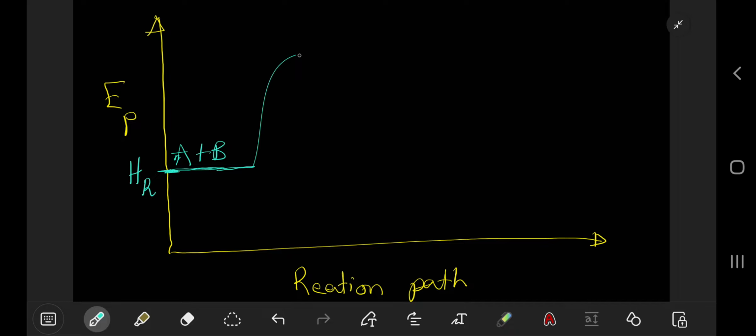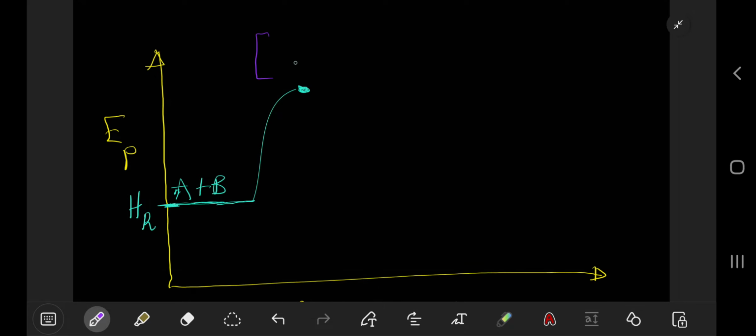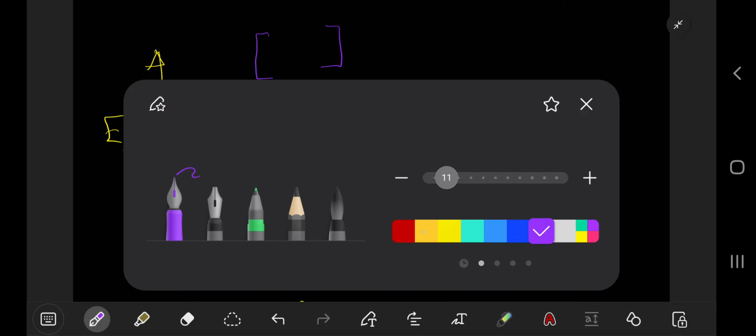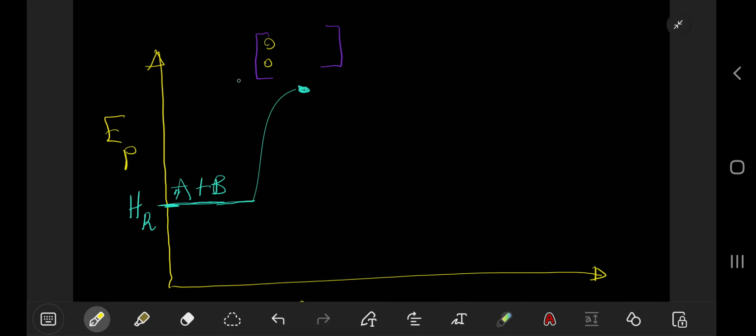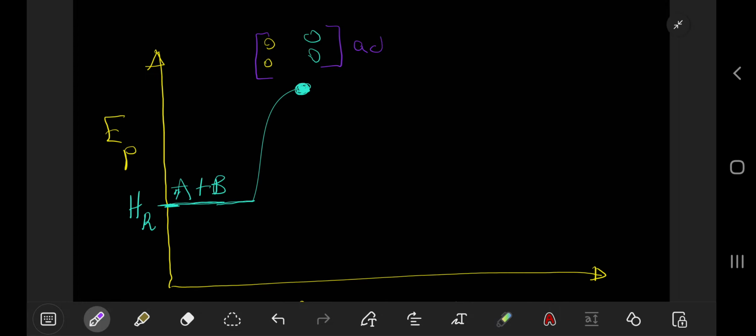At that stage whereby the bonds are broken down, we have separated particles of A and particles of B. And remember, this stage up there whereby these particles are separated, we call it the activated complex.